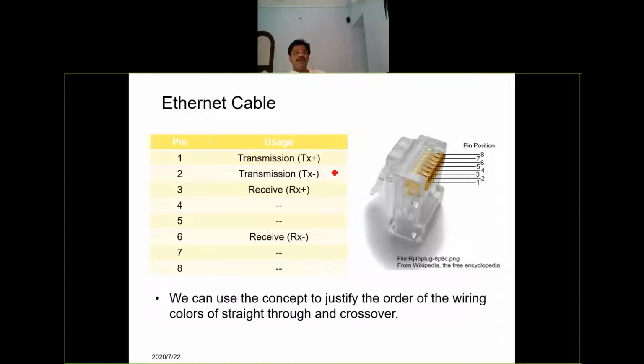Where to utilize these separate cables? Whenever you are connecting devices at the same level, that means switch to switch, computer to computer, or modem to modem, then we are utilizing a crossover cable.